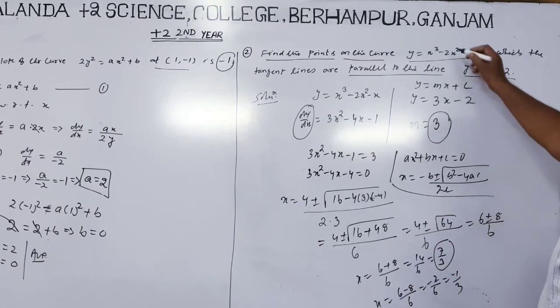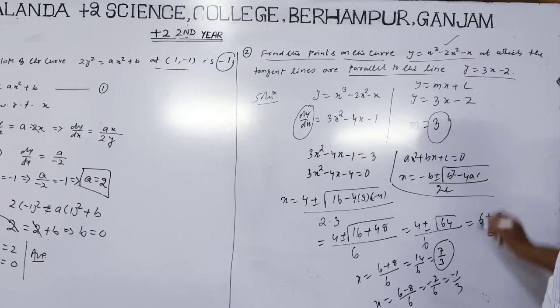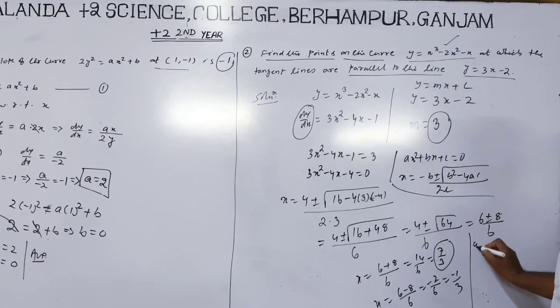Now substitute x. Then what is y? Find out. So at x equal to 7 by 3, y becomes (7 by 3) whole cube minus 2 into (7 by 3) whole square minus 7 by 3. Now solve this one, we get the answer.